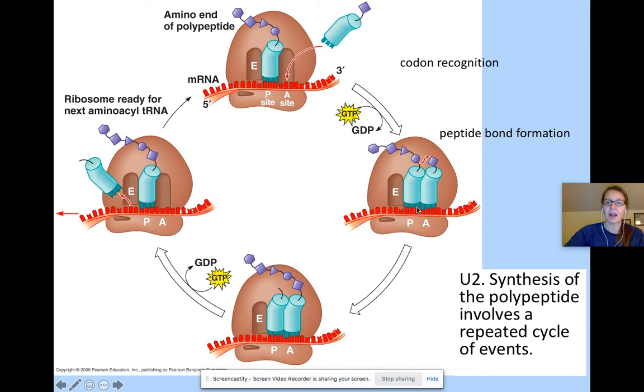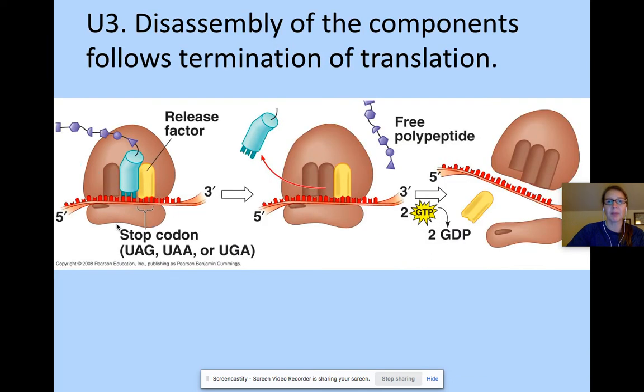And then everything shifts over and we get translocation happening. So that moves over, it goes to the E site and can exit. So when you're talking about the elongation of a polypeptide, elongation in translation, you need to be talking about the positions on the ribosome, including the E, P and A sites.